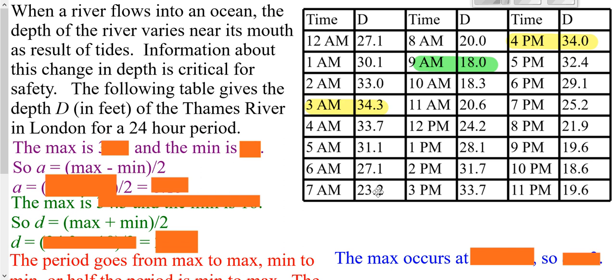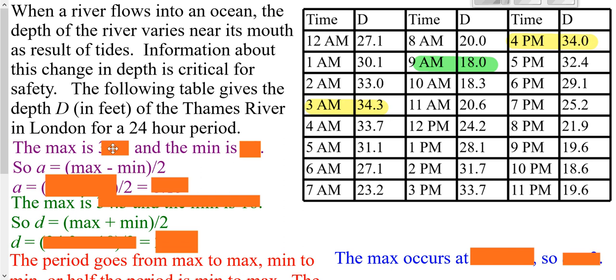So we need to go ahead and find our maximum. You can look through your data, you can find a maximum here. Actually, there's a second maximum over here because if you've ever been to the ocean, you should realize that there's two high tides and two low tides every day.